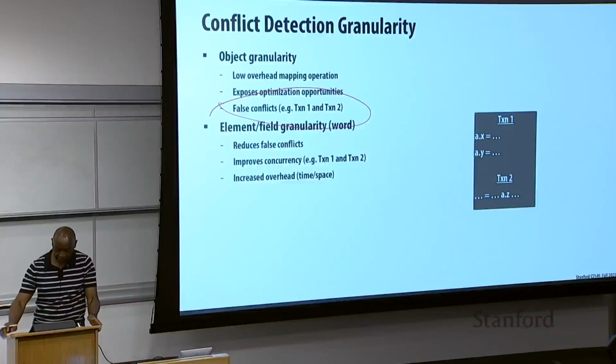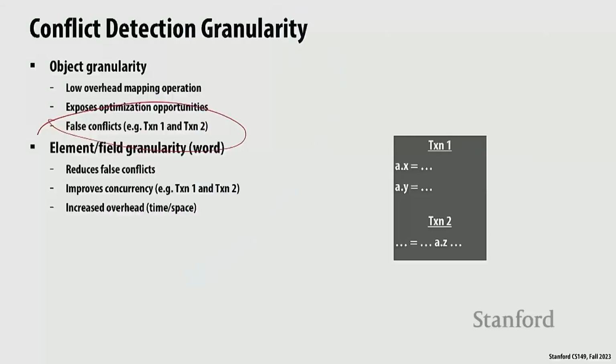In the example on the right, we access the fields X and Y from object A in transaction 1, and we access the field Z in transaction 2. If you're doing things on an object level, of course, these two transactions conflict. But if you're doing things at a field level of granularity, then there is no conflict, right?